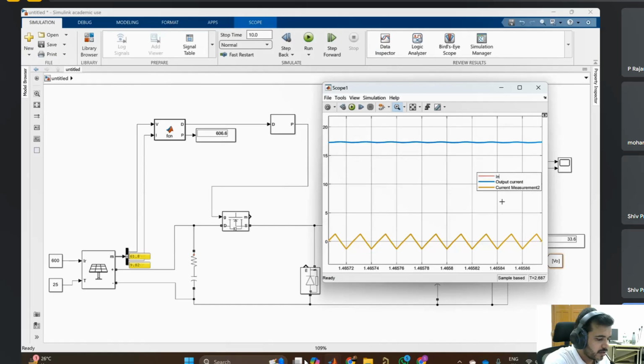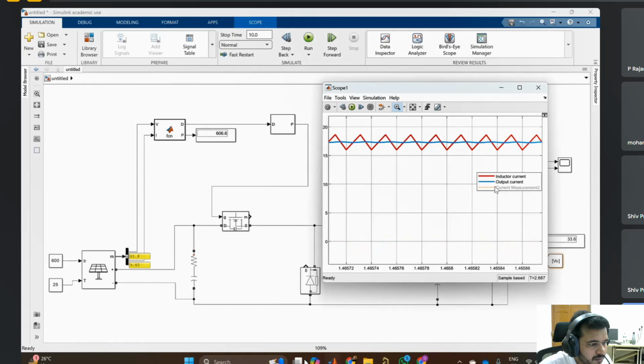This is inductor current, so the capacitor current.